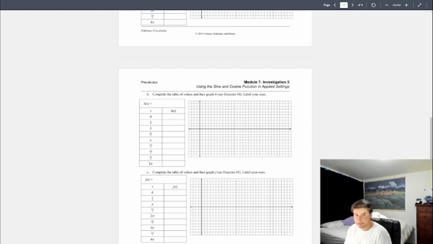Okay, so sine of pi over 4 times 2 is 1, because it did pi over 2, pi over 4, which is pi.